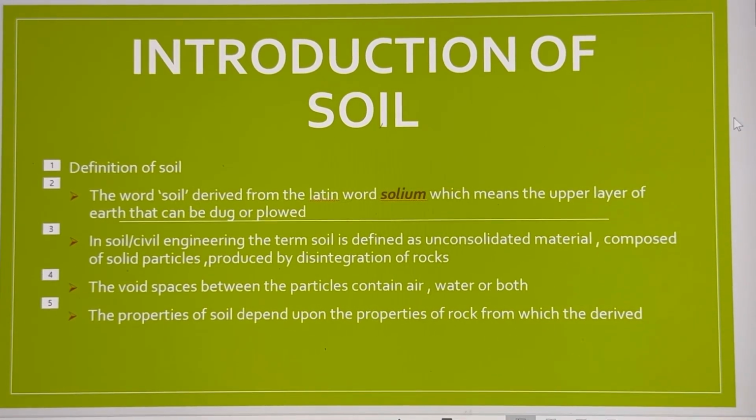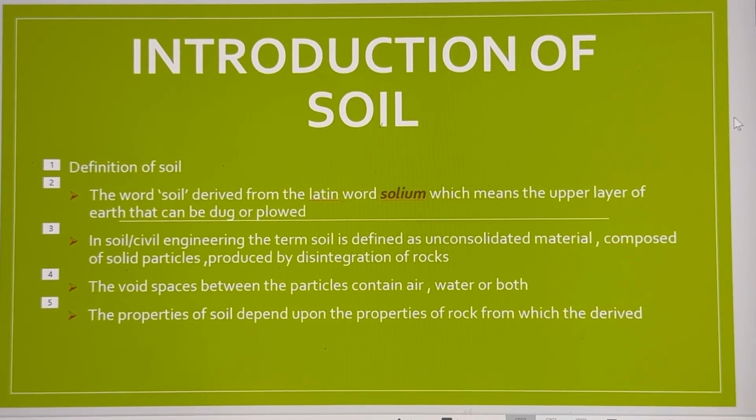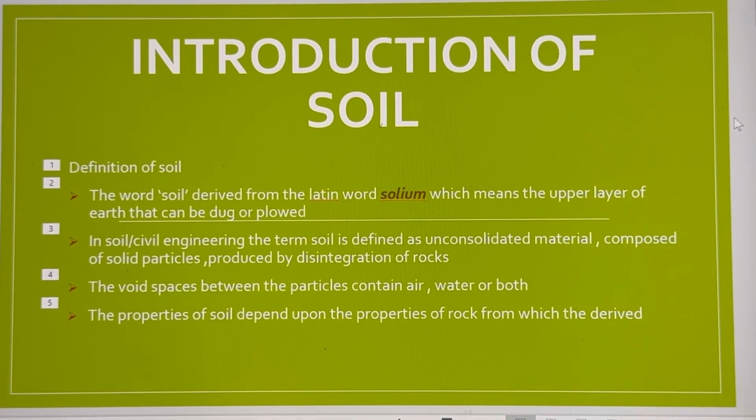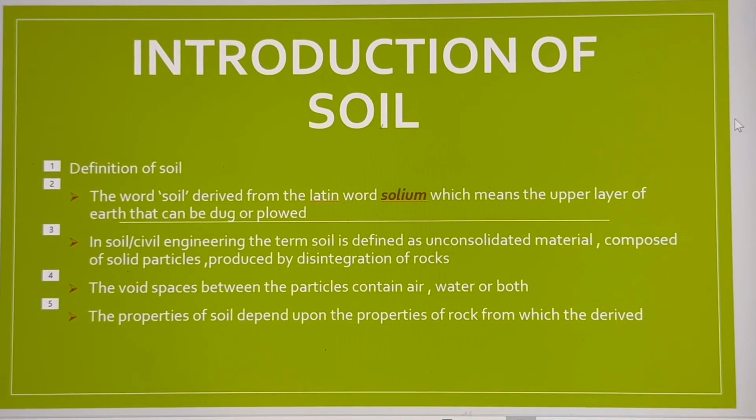Then in civil engineering, the term soil is defined as unconsolidated material. Unconsolidated means it is in a loosely packed manner, composed of the solid particles produced by disintegration of the rock. I will explain what the disintegration of the rock is. The void spaces between the particles contain air, water, or both. Soil is a three-phase or two-phase system.